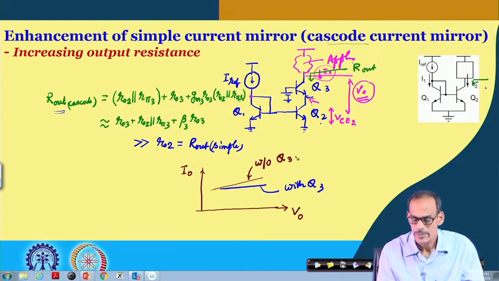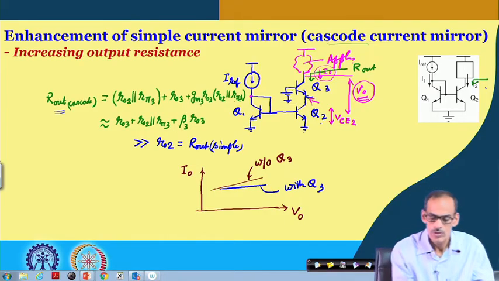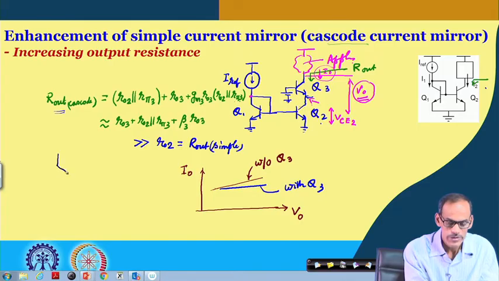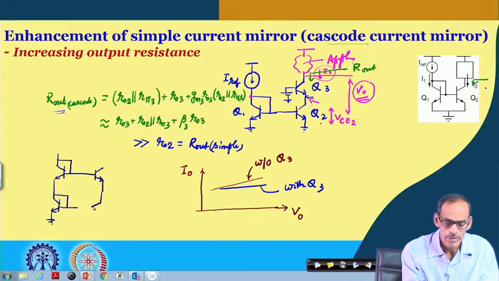And the practical circuit for this cascode current mirror, similar to the BJT one, uses one more transistor in the left branch to create a bias for transistor 3, and then of course we have the transistor below. We have Q2, this is Q1, this is Q3, this is Q4.